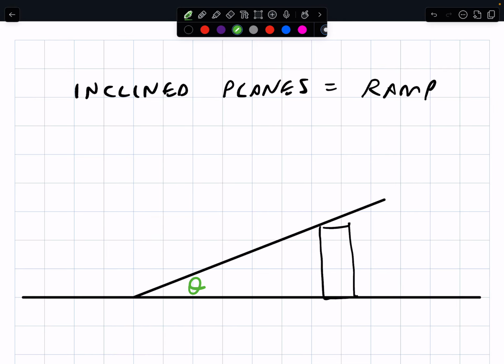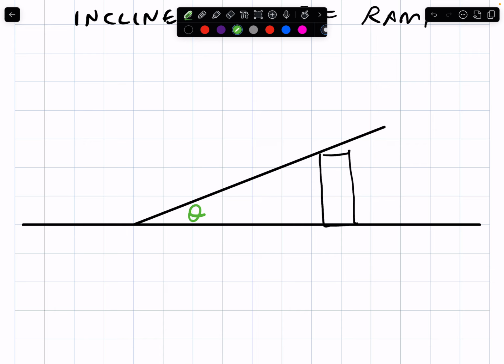And the angle is right here. And that angle is denoted by this Greek letter theta. And it's measured in degrees. So the angle might be theta equals 30 degrees, as an example.